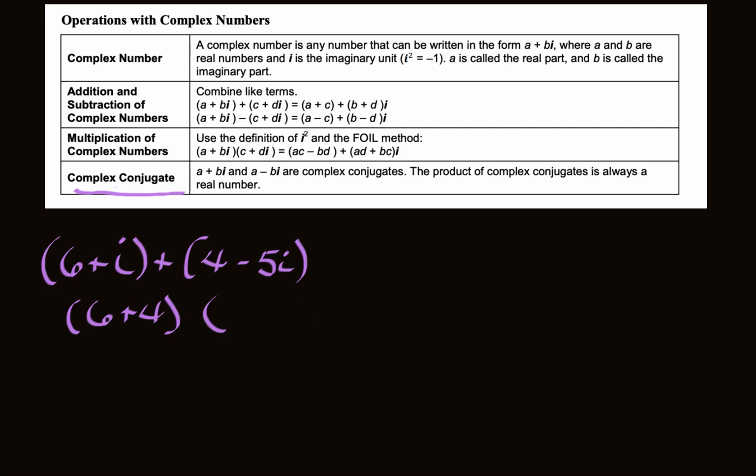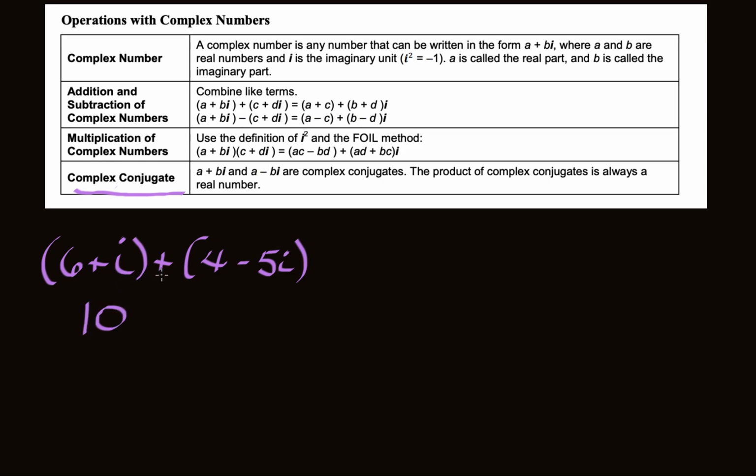Let's do this. I want you to think of i as sort of a variable. You can't add these two together, right? Because we can't add the square root of -1 to this. But we can add 6 and 4. So we're going to add 6 and 4 together, and we're going to get 10.